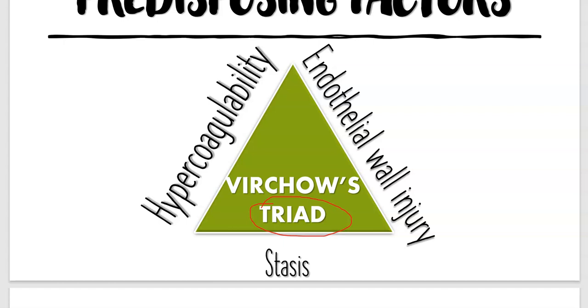Merong capacity ang pasyente mo na magkaroon ng very fast coagulation or very fast clotting effect. Next, we have your endothelial wall injury. Okay? Meron kang endothelial wall injury doon sa iyong pulmonary artery.